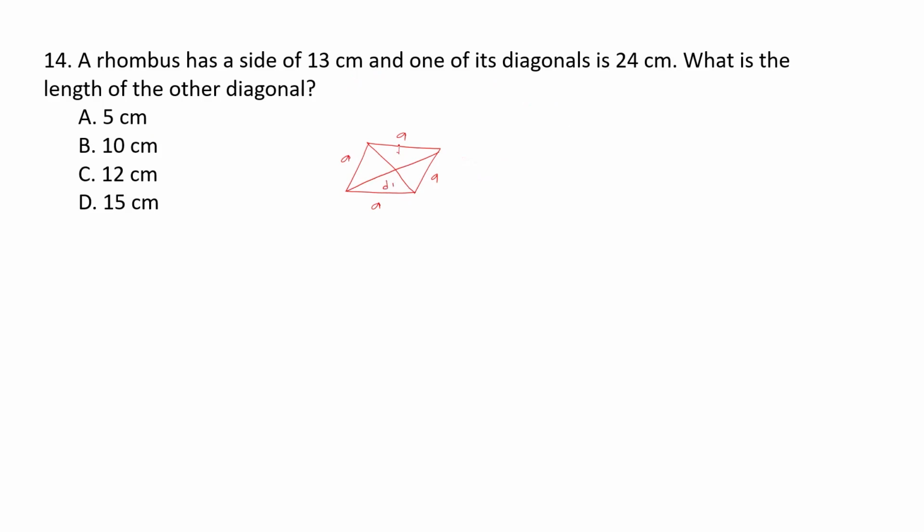Let's say D1, D2. Suppose so rhombus has a side 13 centimeter. So A is 13 centimeter. It is given. One of its diagonal is also given. Let's say D1 is 24 centimeter. What is the length of the other diagonal? So D2 you have to compute. Okay. How will you compute it? How to compute other diagonal?